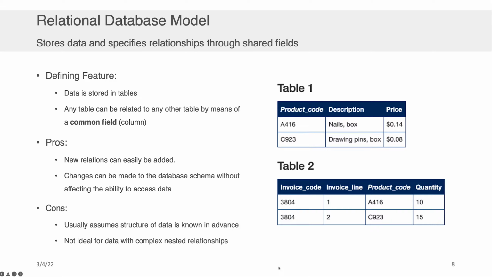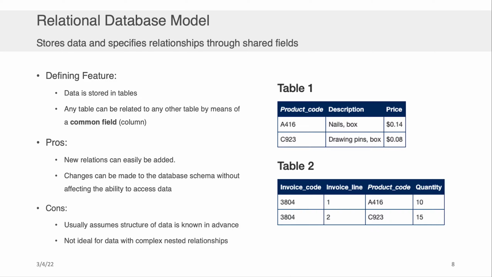I could just use a code or a column that exists in table 2 to inform something about a new kind of table that I'm going to create. And that's really convenient. So new relations can be added very easily. And also those changes, of course, can be made to the database schema without affecting what's happening in the data completely.